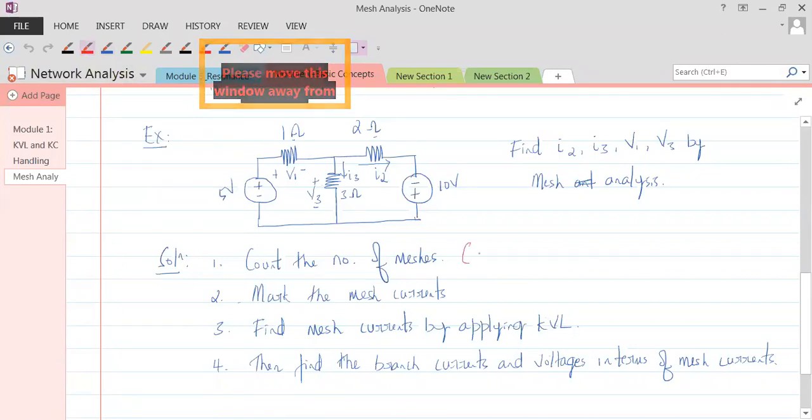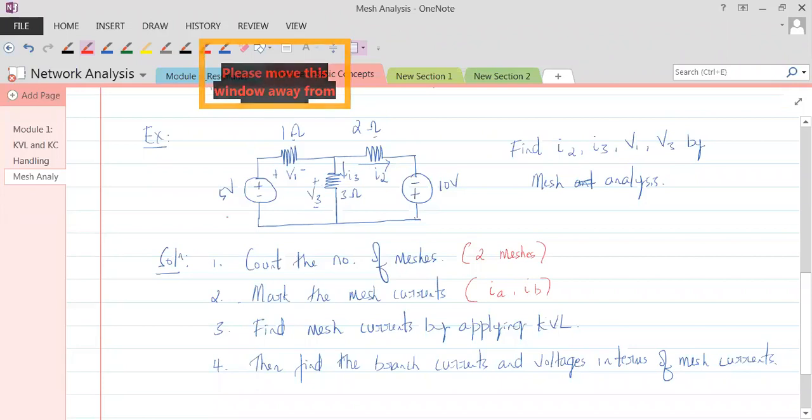So 2 meshes with 2 currents have to be marked. So let's mark IA, IB. So we have to apply KVL at mesh 1 and mesh 2 to find out IA and IB. Then find branch currents and branch voltages in terms of mesh currents.